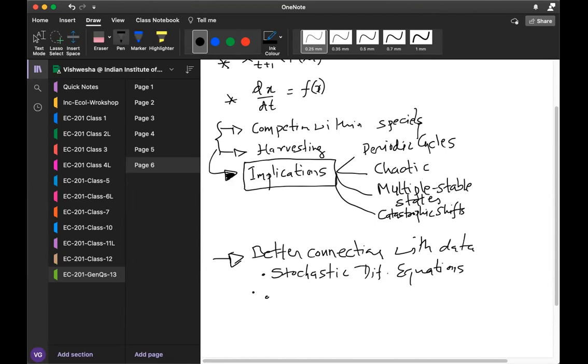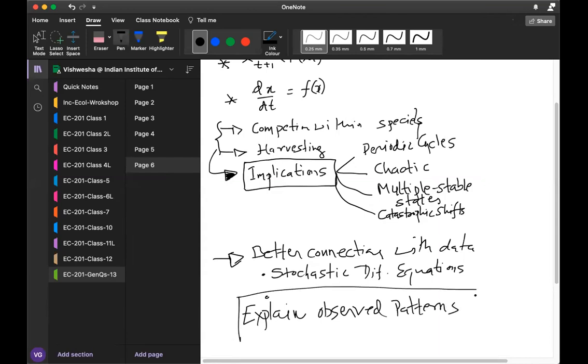And another thing ecologists will often be interested in is, okay, you have all these models that talk about implications, and then of course there are models that try to explain observed patterns. Okay, that's another type of modeling. You have observed some patterns, and therefore you now use the aid of mathematical models to explain them.